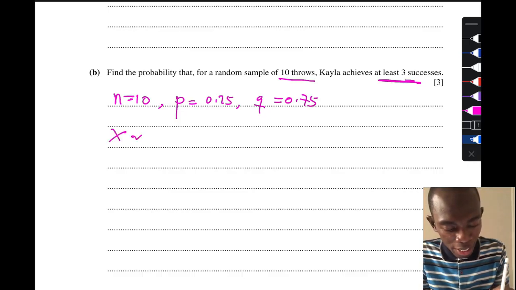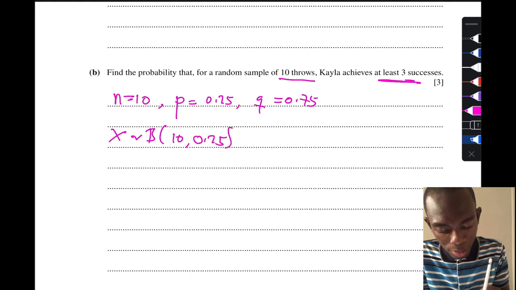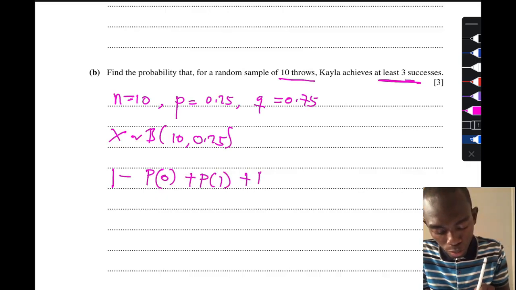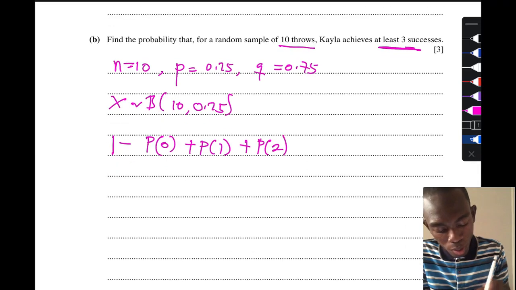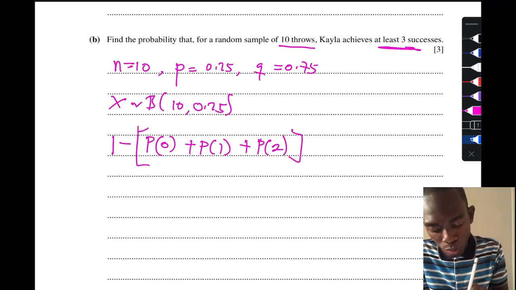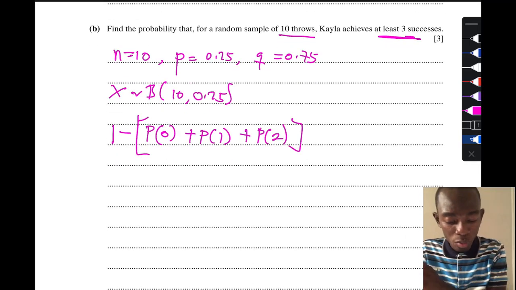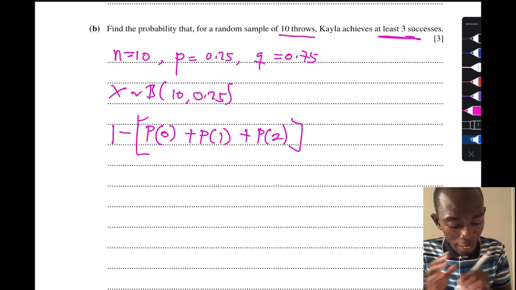So x actually follows a binomial with n of 10, probability of success 0.25. So I'll do 1 minus below 3. So 0, and then I'll do 1, and I'll do 2.